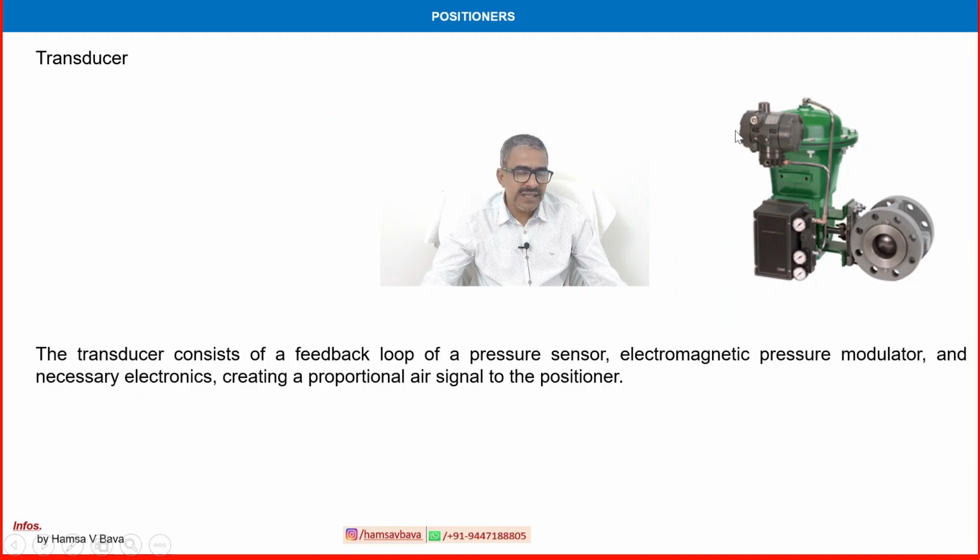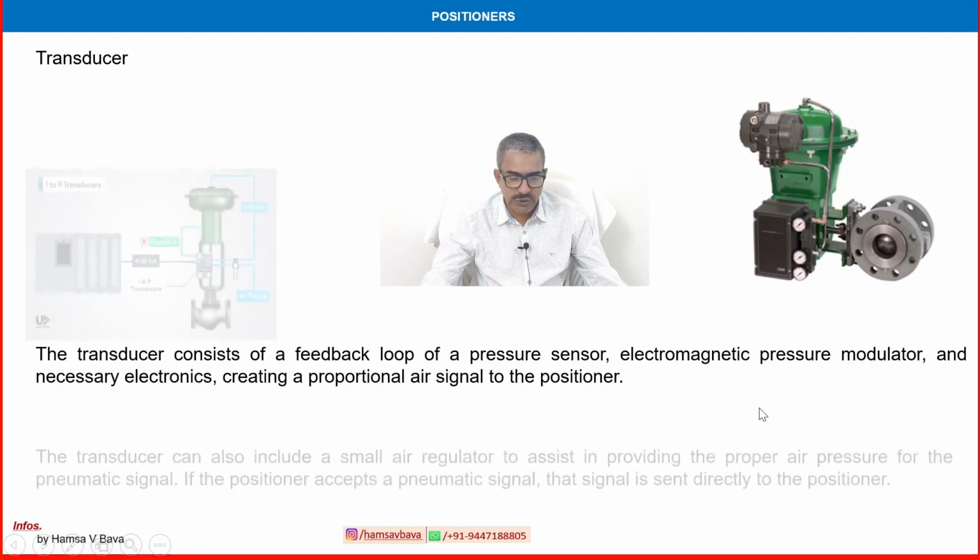So on one side it is receiving an electronic signal from 4 to 20 milliamps from a controller and producing an equivalent pneumatic signal to the positioner. That is the purpose of the I2P converter or transducer.